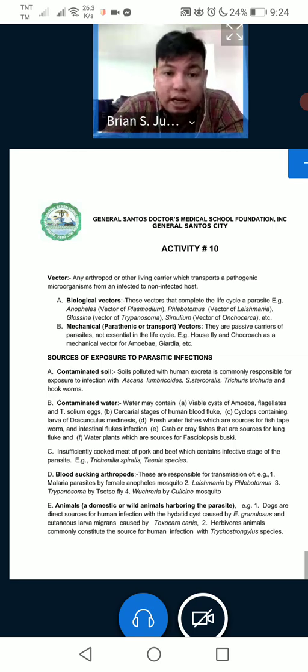Katulad siya ng Trichinella spiralis and Taenia species. The only difference is the host: sa Trichinella and Taenia, they are pigs and cows, sa Echinococcus granulosus, sa dogs naman. Larval stage pa rin siya, hydatid cyst, pero nandoon siya sa muscles ng dogs.